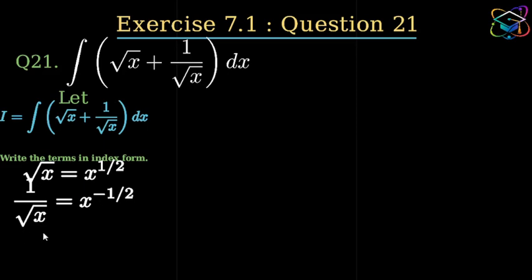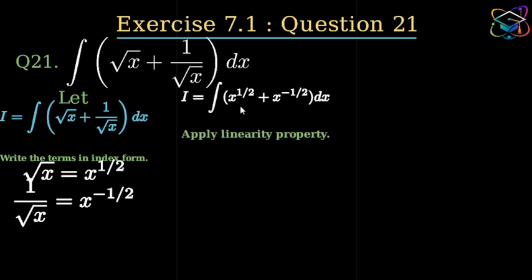So 1 upon under root of x is equal to x raised to minus half. So these two terms can be replaced by these two index form terms. So what will be the solution? I is equal to integration of x raised to half plus x raised to minus half dx.